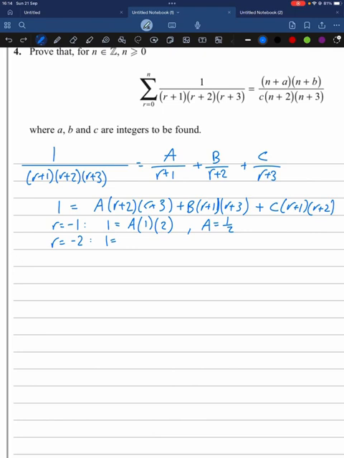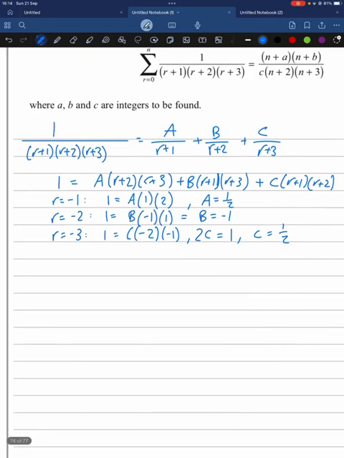We'll get b lots of minus 2 plus 1, which is minus 1, minus 2 plus 3, which is 1. So we'll get b is minus 1. When r is minus 3, that cancels, we'll be left with 1 equals c lots of minus 3 plus 1, which is minus 2, and minus 3 plus 2, which is minus 1. So we'll get 2c equals 1, so c is a half.